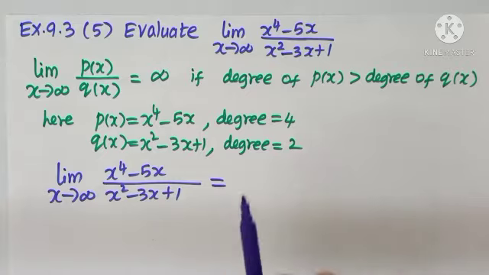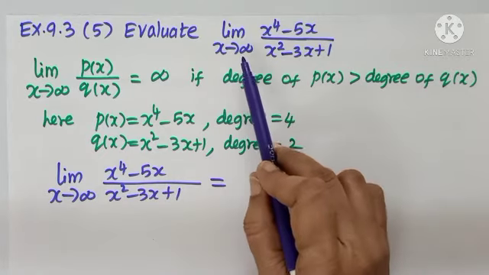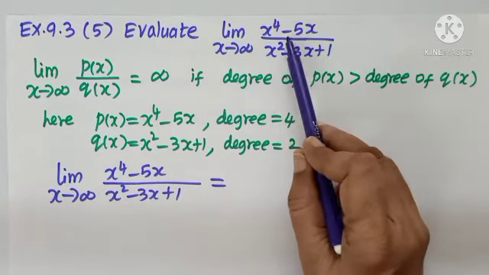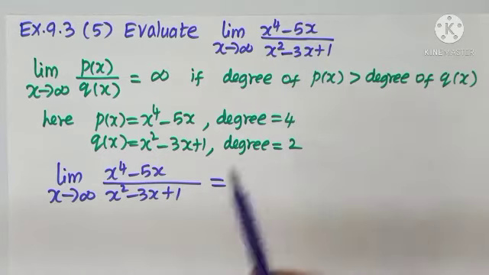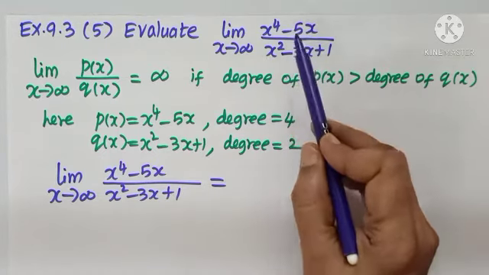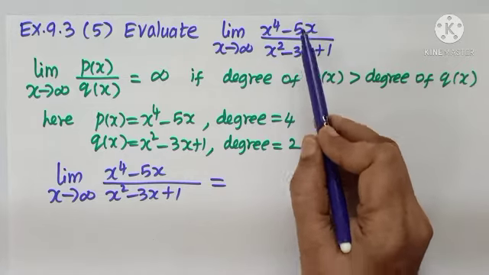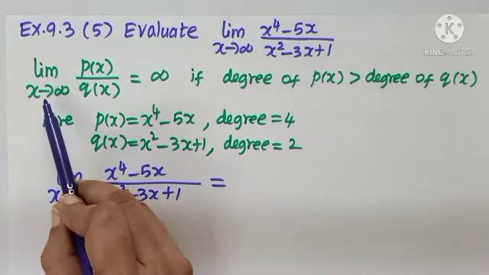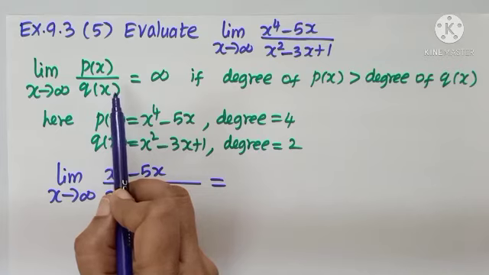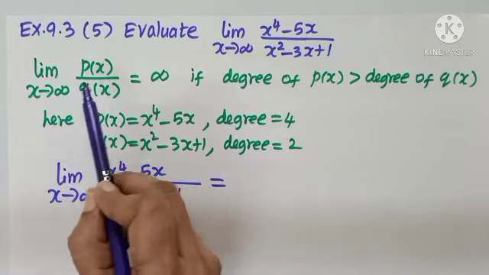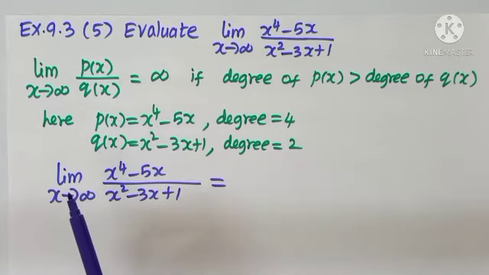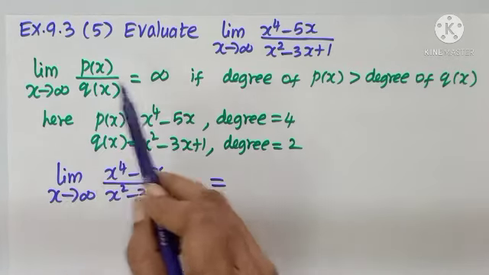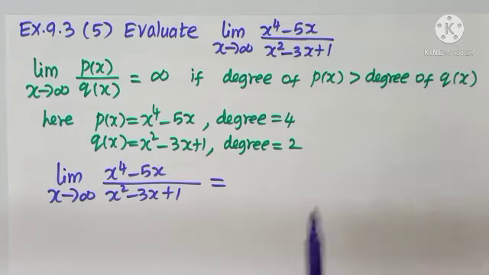Question number 5. Evaluate limit x tends to infinity of x power 4 minus 5x by x square minus 3x plus 1. Numerator and denominator are polynomials. We can very well recall this formula. Limit x tends to infinity of p of x by q of x is plus infinity if the degree of p of x is greater than the degree of q of x.